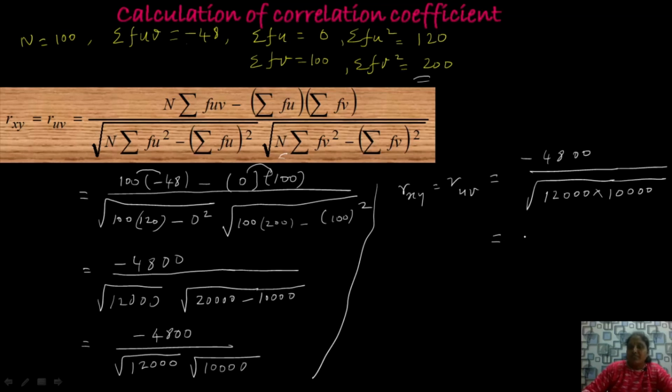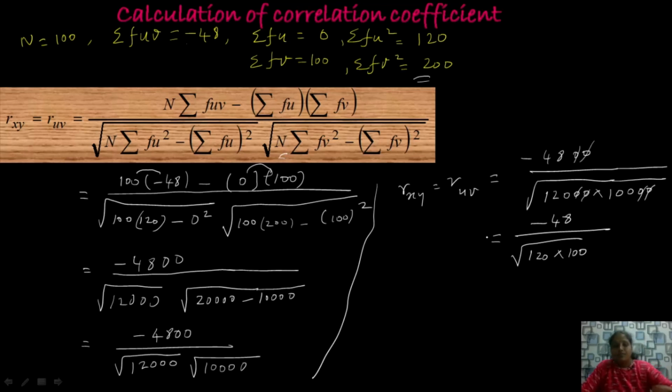To simplify the calculation, just cancelling. Under the root we have to cancel 40. So outside the root we have to cancel only 20. That's enough, isn't it? So minus 48 over under root 120 multiplied with 100.